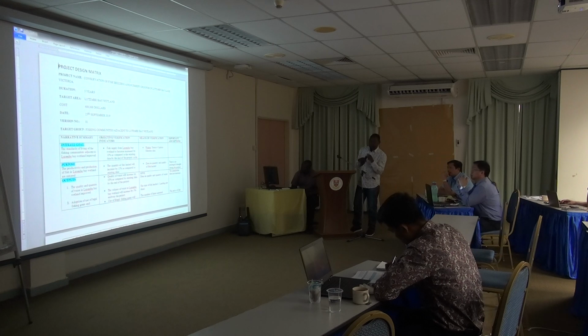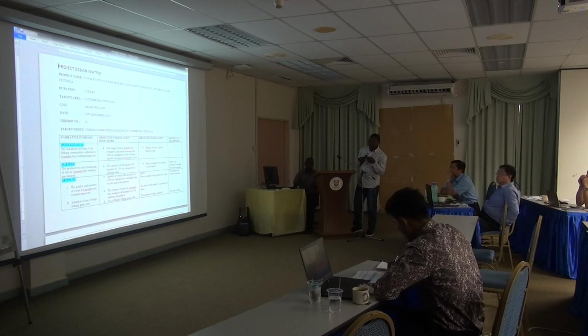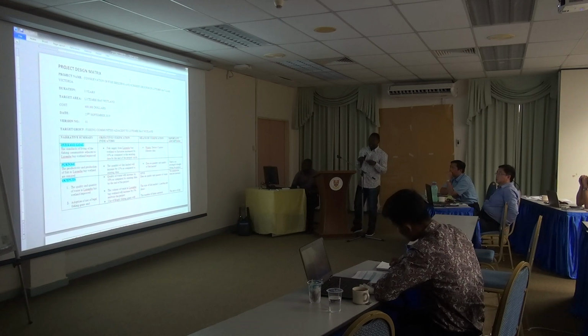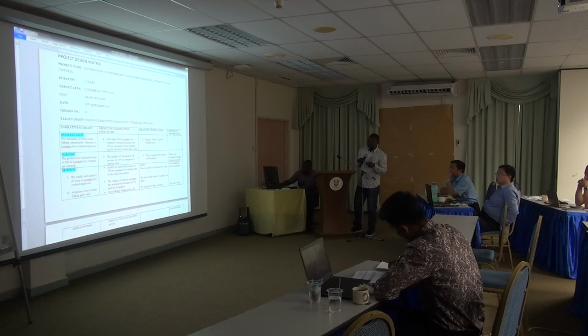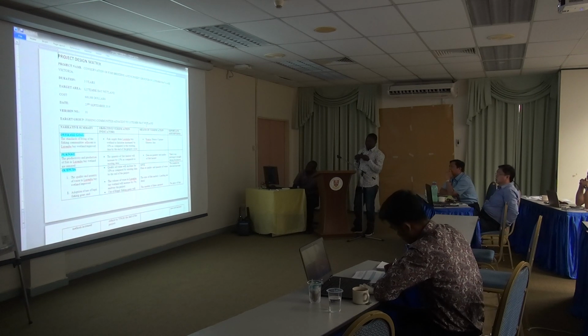And the purpose is the production and productivity of fish in Lutembe must be restored. The output: the quality and quantity of water is improved. Adoption of use of legal fishing gears should be increased.